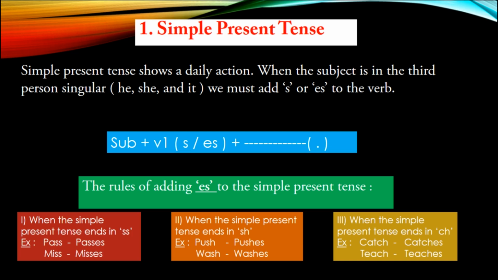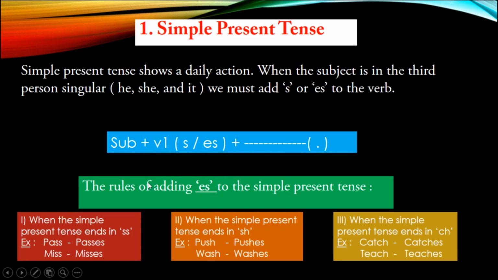Subject plus verb plus object, full stop. Look, here is the structure of the simple present tense: Subject plus V1 s/es plus object, full stop. This is the statement structure in simple present tense.